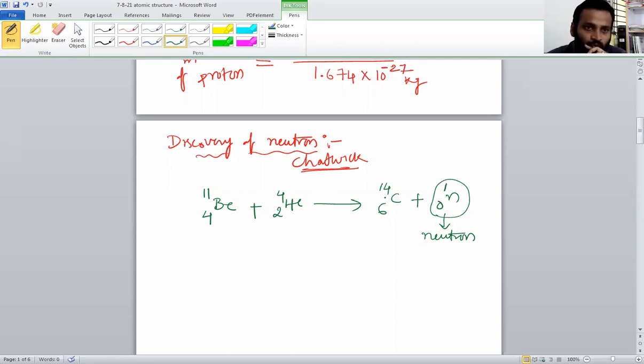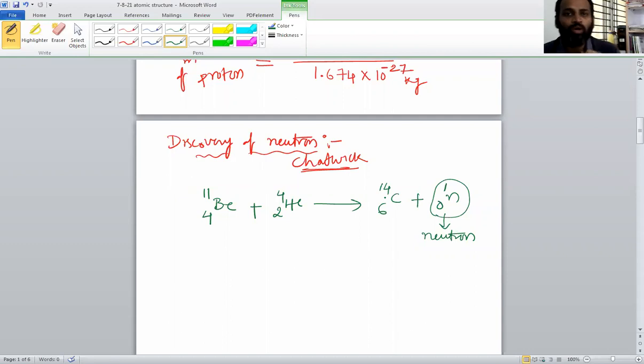Experimentally they determine 14. We cannot weigh like 1 kg of apple; experimentally, by sending rays, they get the weight. So we got 14. So what about the remaining 1? With 1 mass, some neutral particle was ejected.